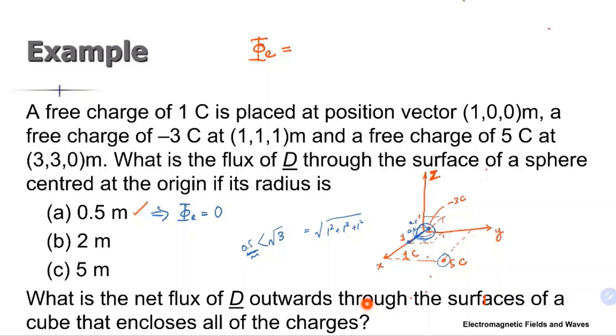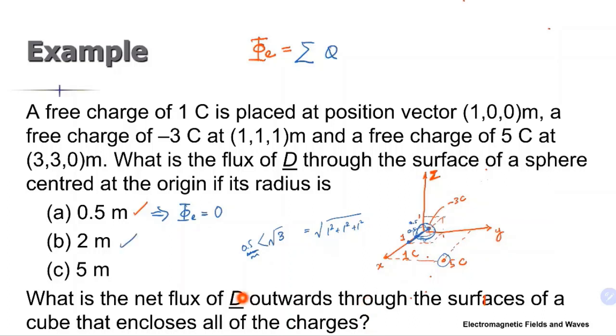Okay, all the charge is outside. So according to Gauss' law, this is equal to the sum of all the charge inside that sphere. But in this case, none of the charge is inside this tiny little sphere because the radius is only 0.5 meter.